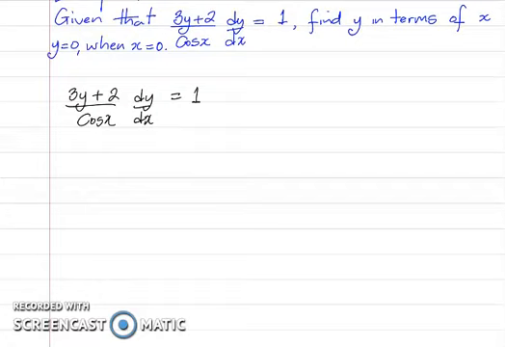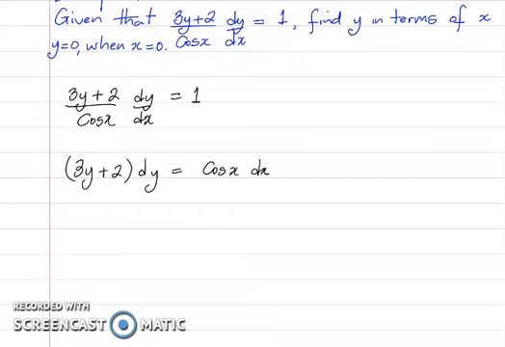All right, so if I separate the variables, I'm going to get (3y plus 2) dy is equal to cos x dx. All right. Now, if I integrate both sides, now 3y plus 2 is a linear factor.